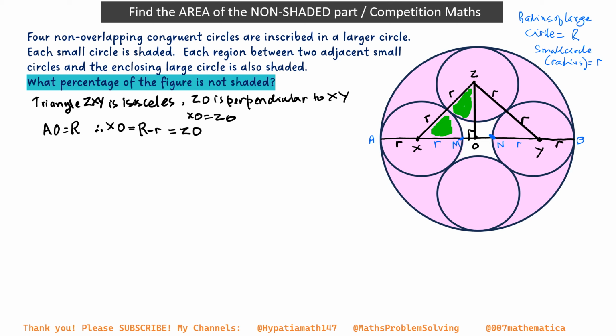Oh, sorry, not arc, the sector, my mistake, apologies. So we need to find the area of these two sectors, and then we subtract it from the area of the triangle XZO, and that should give you the area of this white part.